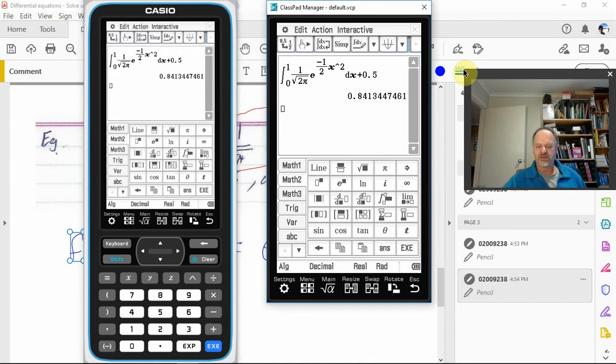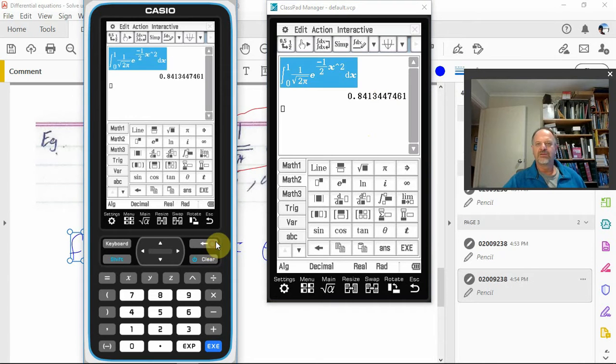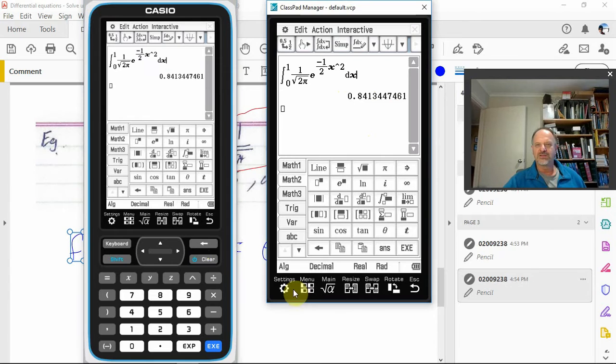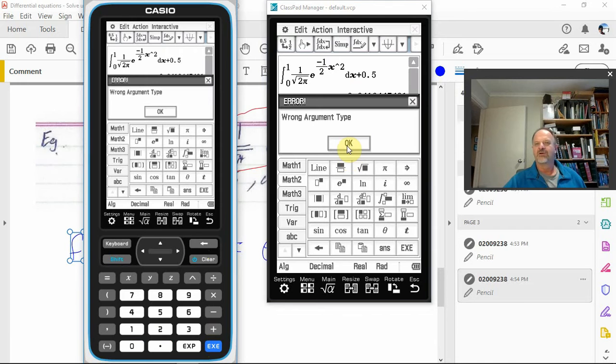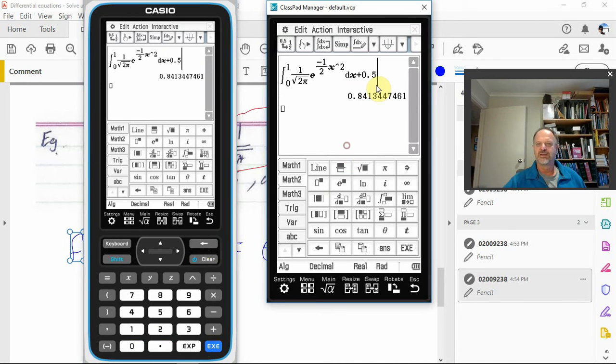All right, so had I not done that, let's have a look and see what would have happened. If I had just gone dx and then a plus 0.5 and EXE, wrong argument type, see, and that's because, as I said, I didn't bring that cursor out to there to then go plus 0.5.